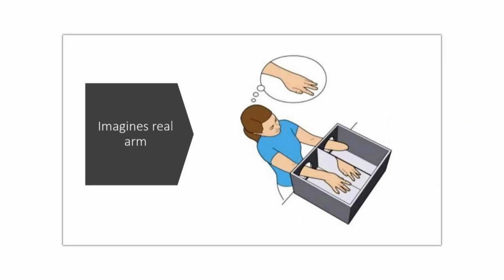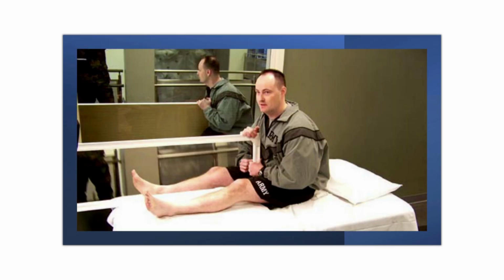So this is how it works. This is the mirror box. This is the actual arm. The phantom arm here. He imagines the real arm moving. And the brain maps changed. And same thing about the leg also.